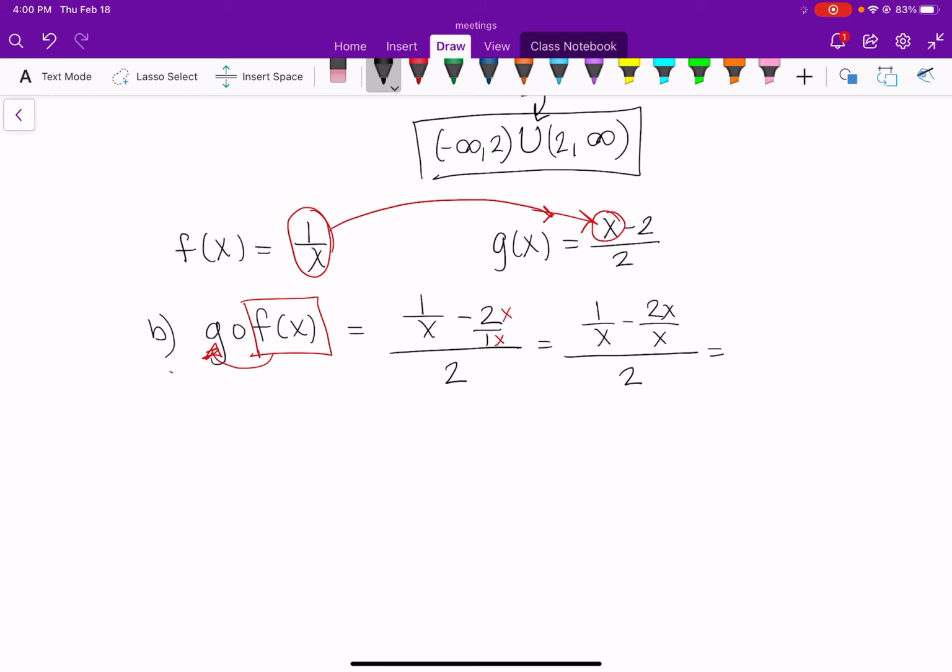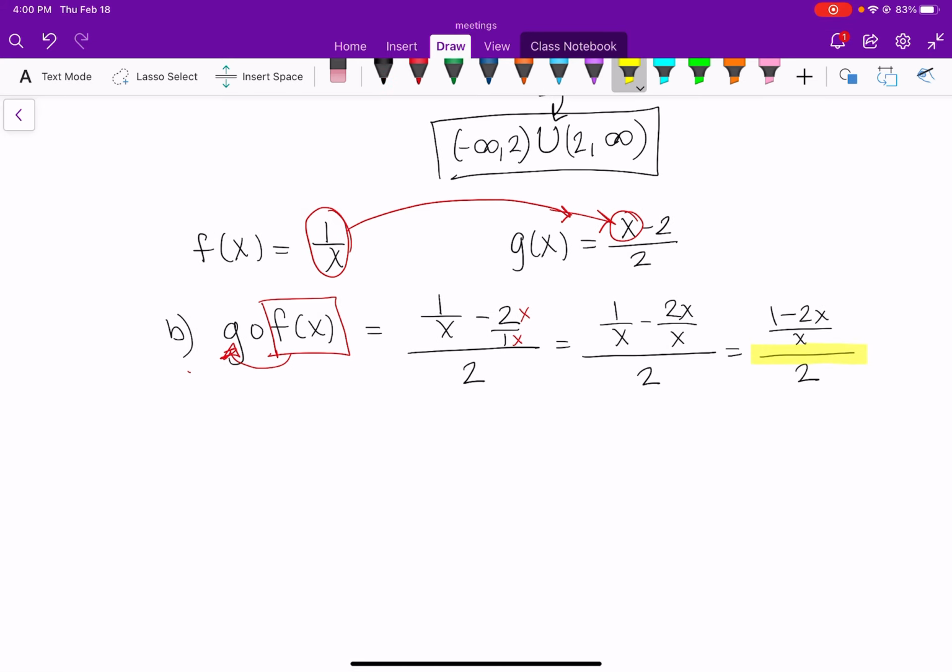Combine that top, so this is 1 over x. Oops, that is wrong. Let me try that again. How about 1 minus 2x over x, over 2? So we're going to do exactly what we did on the previous problem. This time this is my division line. I'm going to take the top, 1 minus 2x over x, divided by 2 over 1.